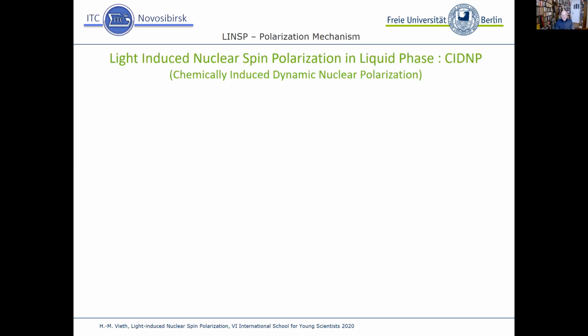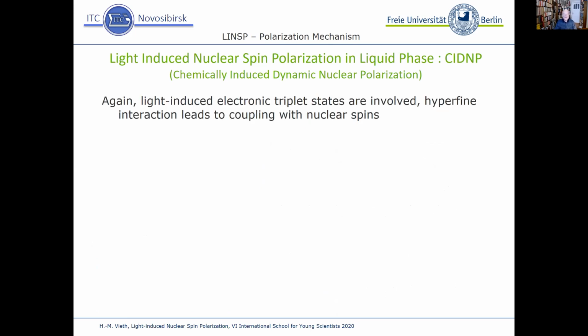So, we come to the liquid state, and the name of the technique in liquid state is chemically induced dynamic nuclear polarization. It's a kind of historical name because it was used in analogy to the Overhauser DNP in principle.